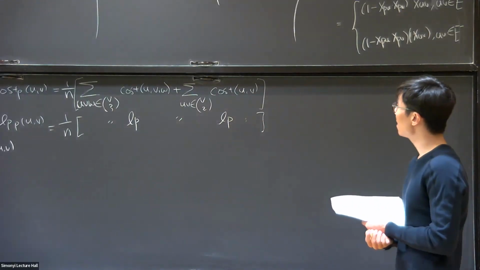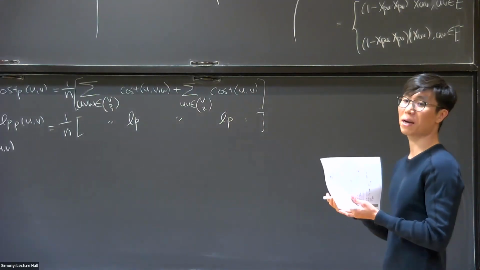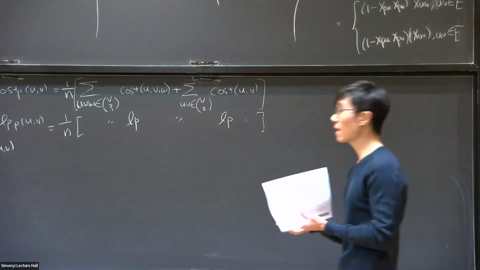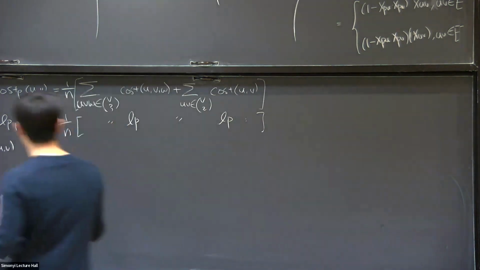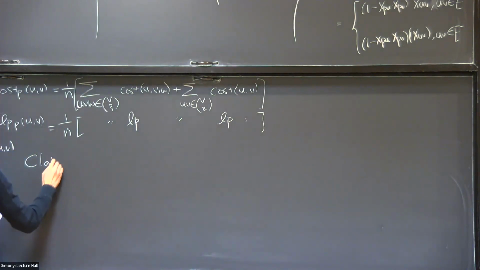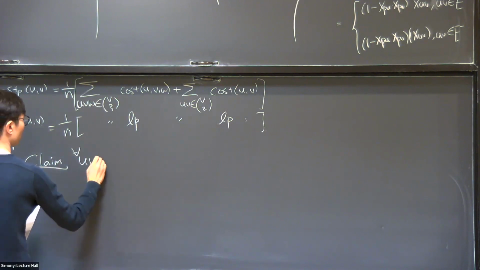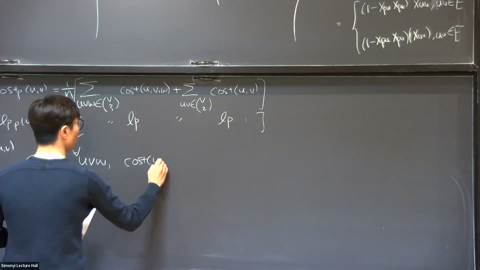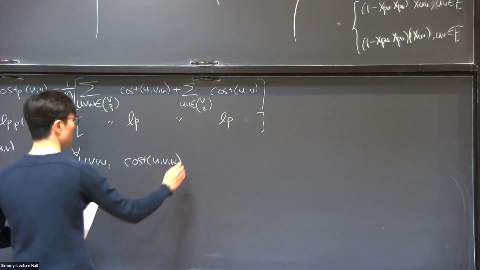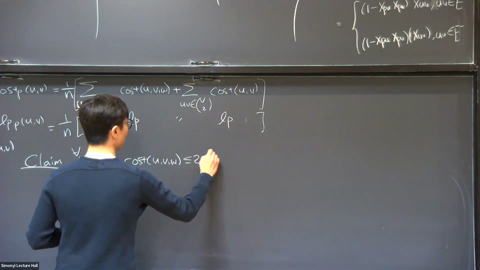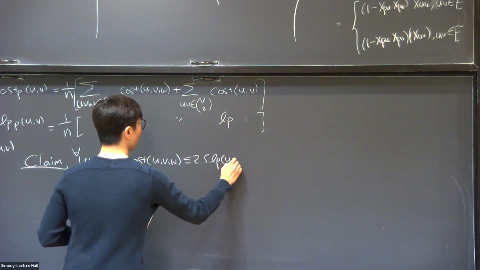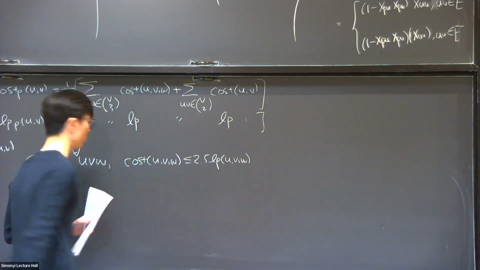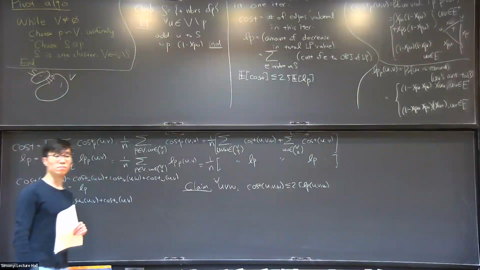Okay, so now we are ready to do this term by term analysis. The claim is that for any triangle UVW, the cost of UVW is at most 2.5 times the LP of UVW.